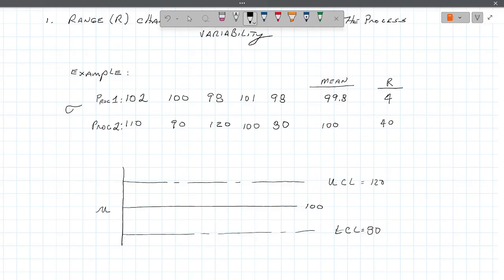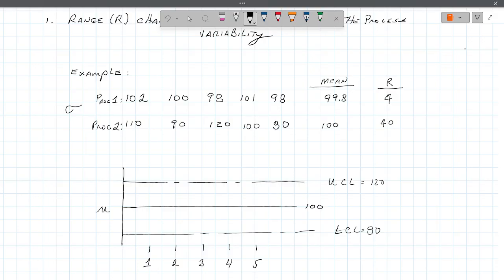And you literally could go plot these things. So I'm going to do process 2 here. The first one's 110. Let's put some positions in here. So let's do sample 1, sample 2, 3, 4, 5.